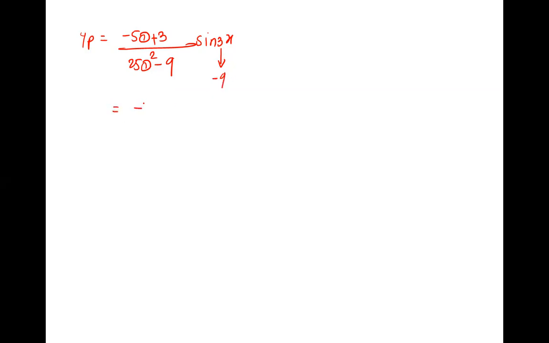So it is minus 9. And you have to substitute in the denominator only, at the place of d square. Minus 9 as it is into sine 3x. Okay, so it is minus 5d plus 3 upon, how much is this? Can you solve?